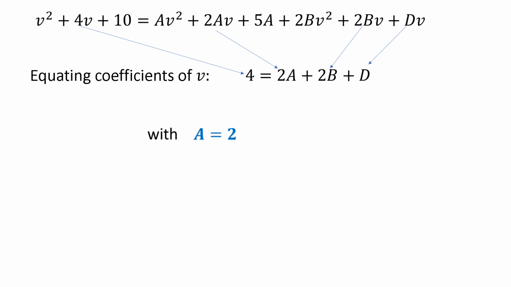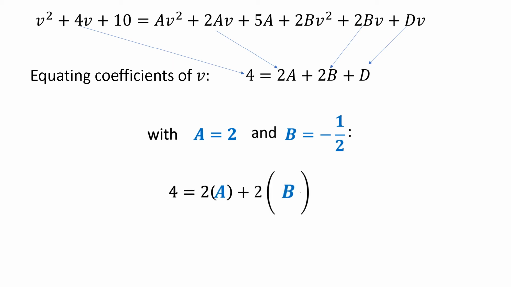Knowing the value of A, which is equal to 2, and B, which we just recently solved, which is equivalent to negative 1/2, we now can substitute these values into the equation that we had derived by equating the coefficients of v. Substituting A equals 2 and B equals negative 1/2, we now can solve for the value of D, which is D equals 1.